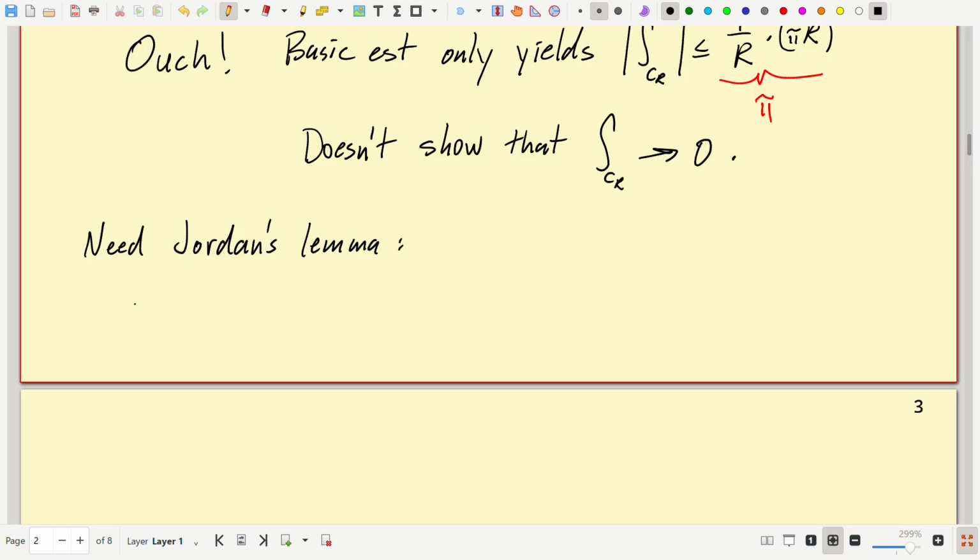So I'm going to parameterize C sub r by the usual. z of t equals r e to the it as t ranges from 0 to pi. Then, of course, z prime of t is i r e to the it.